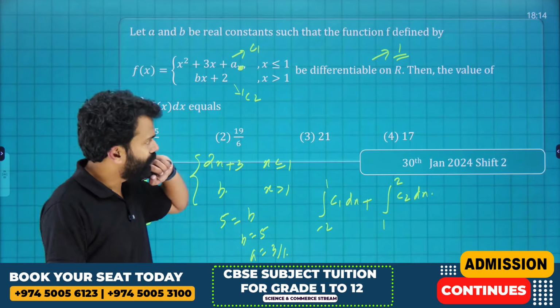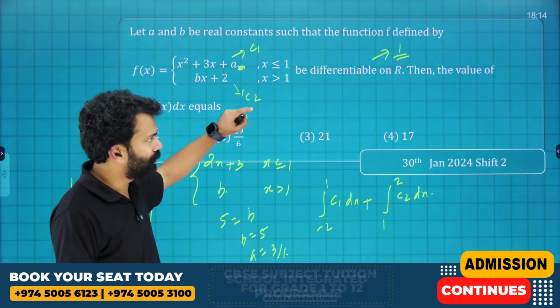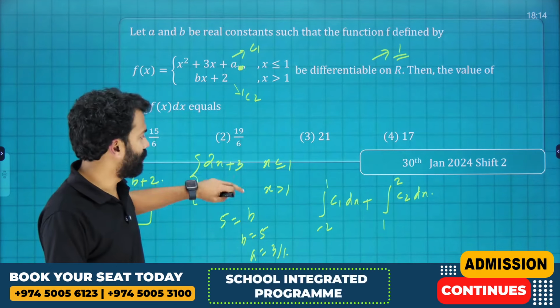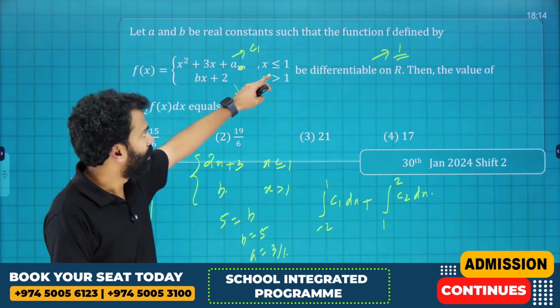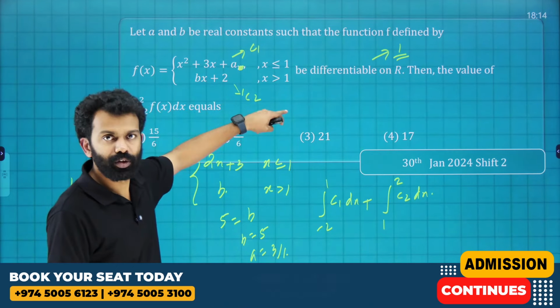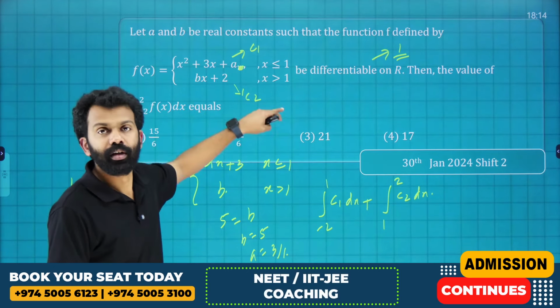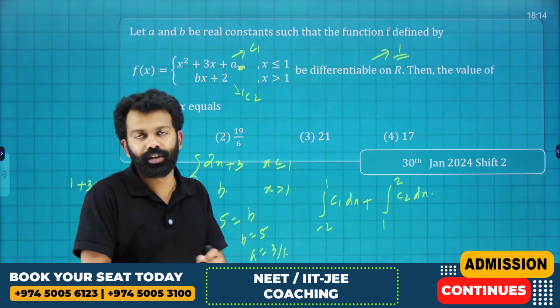Okay, see, the questions from continuity and differentiability are entirely based on how to use the differentiation technique and the concept of limits over the point where the function's character is changing.